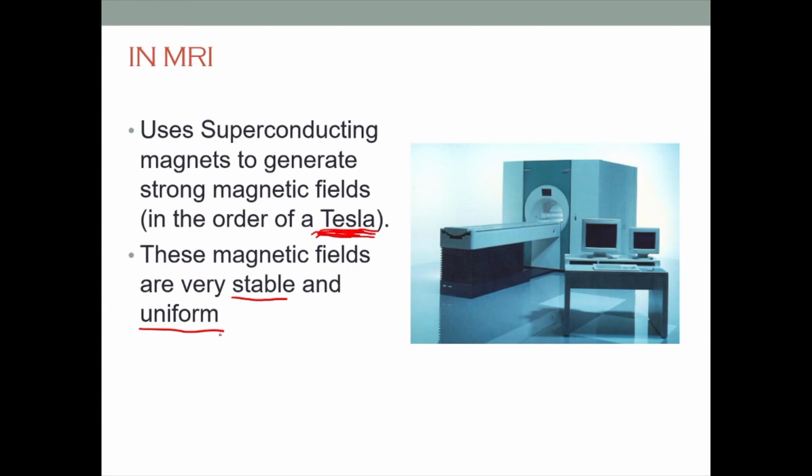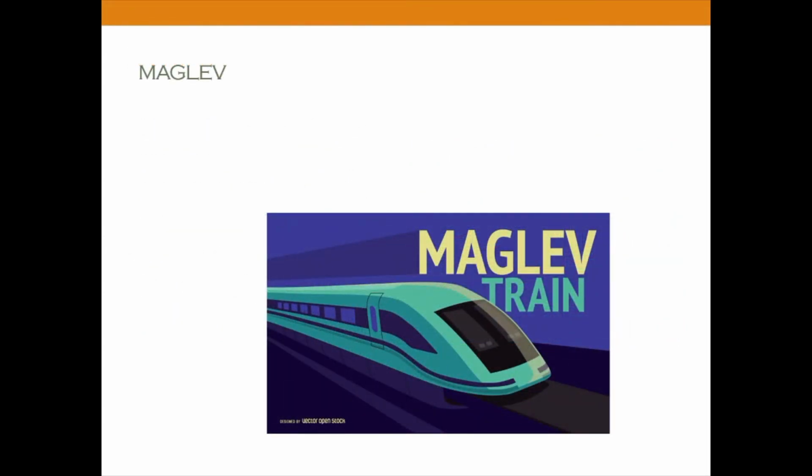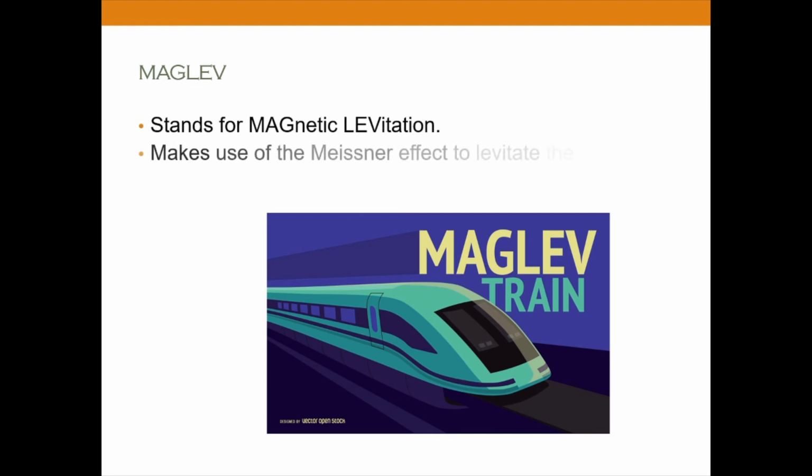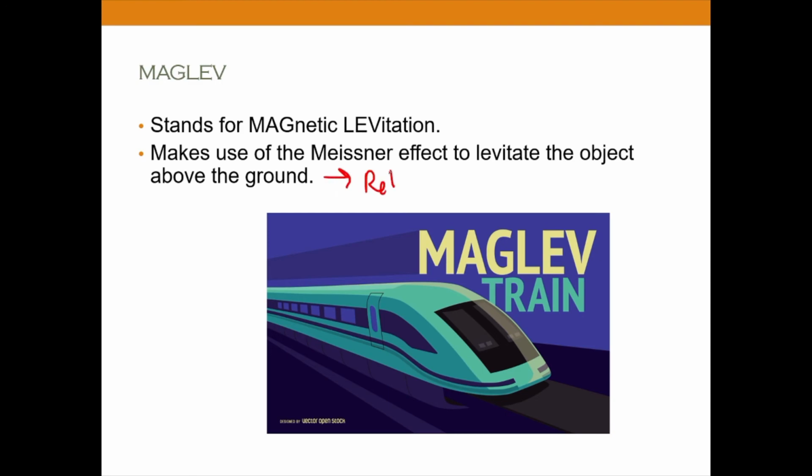And the final one, and this one's got really cool implications for mass travel, is maglev. So maglev stands for magnetic levitation, and quite literally it's a train that levitates magnetically above the ground. And this is really important for travel because it reduces ground friction.